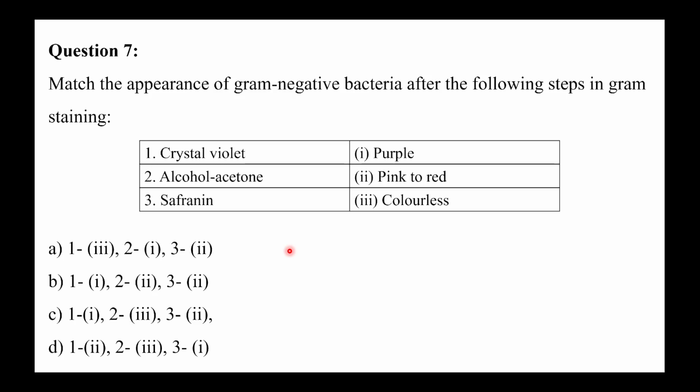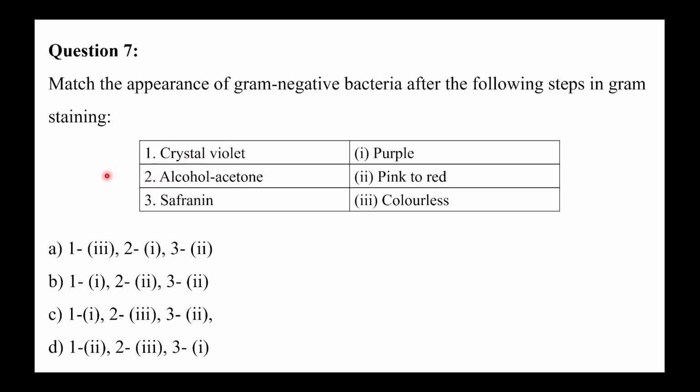Match the appearance of the gram-negative bacteria after following the steps in gram staining. There are different steps of gram staining given on the left hand side and different colors given on the right hand side. You have to match each step and its corresponding color.